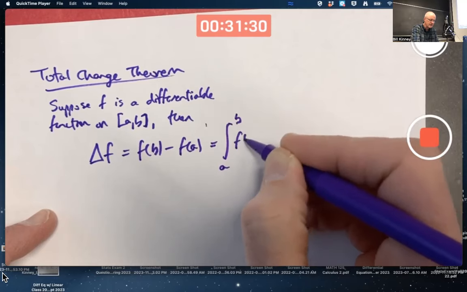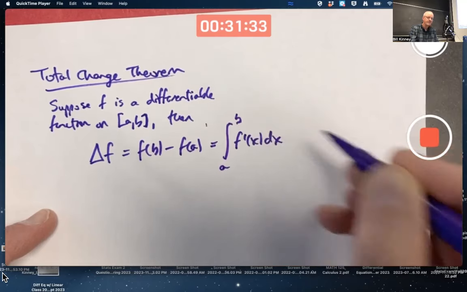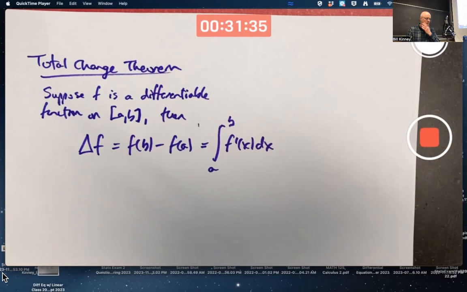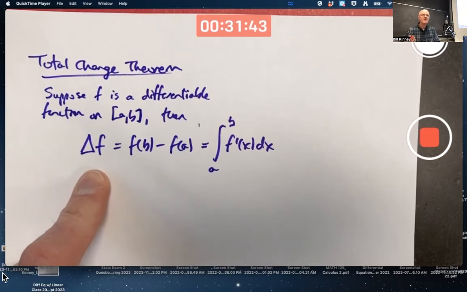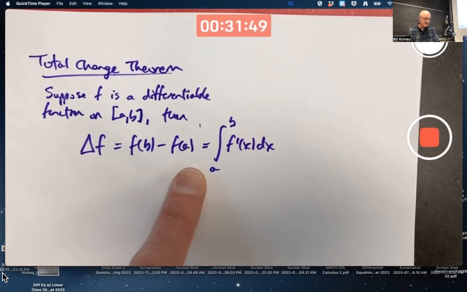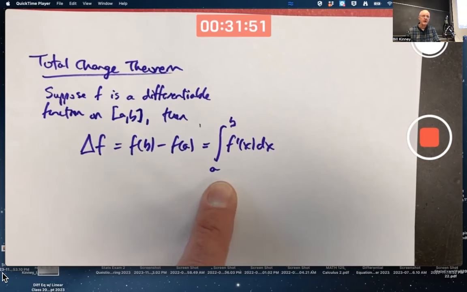It is the integral of its derivative. Went back to using x here, I could have used t. To find the change in a function over some interval from a to b, there's the change by definition. You integrate its rate of change.